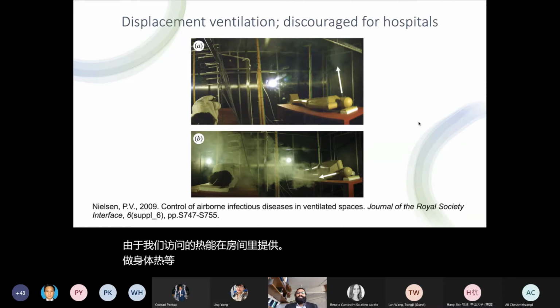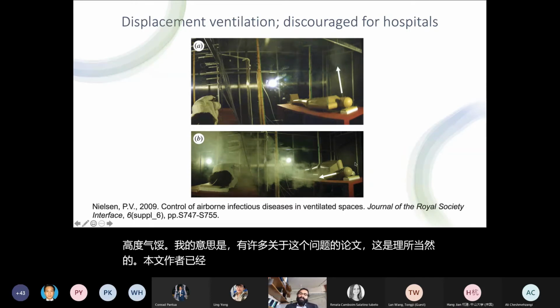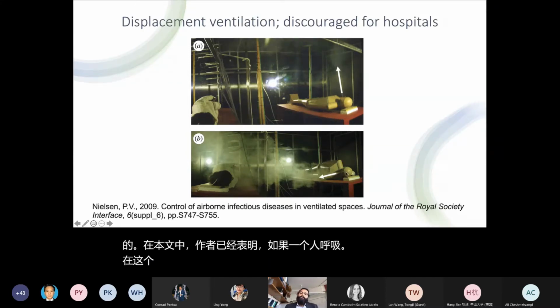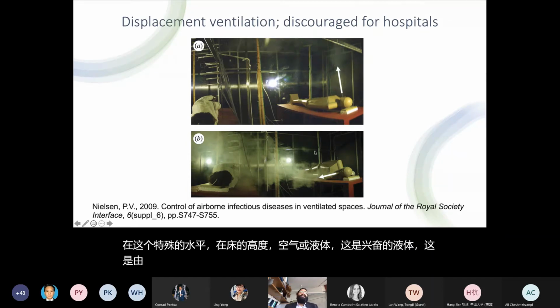But displacement ventilation in hospitals and other cases has been highly criticized and highly discouraged, and there are a number of papers about this, and rightly so. In this paper, the authors have shown that if a person breathes at this particular level or the bed height, the exhalation fluid produced by breathing stratifies at a lower level, in the breathing zone where we don't want this fluid to be.